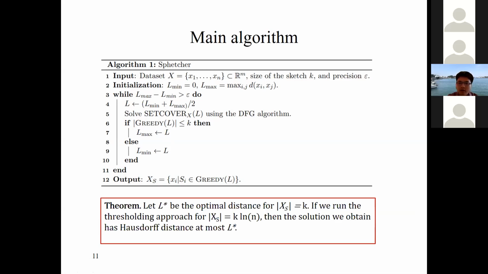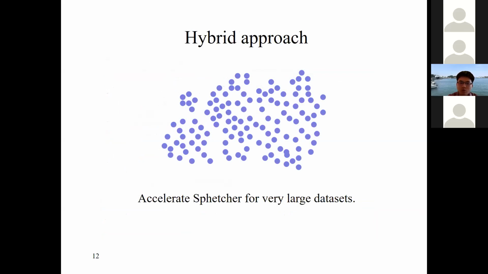And for really large datasets which have, let's say, 100,000 or a million points, we still need to compute the pairwise distances, and we cannot afford it. That's why we combine this algorithm with a hybrid approach, and the aim is to accelerate our method for very large datasets, maybe up to a million points.